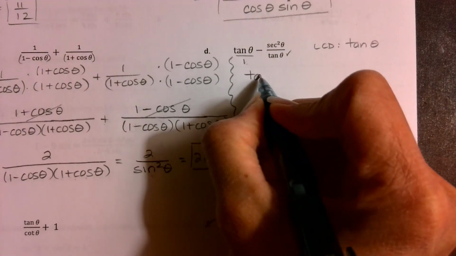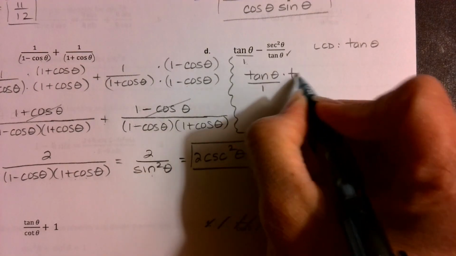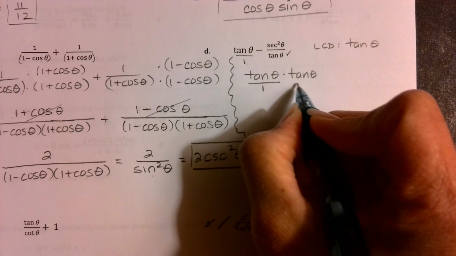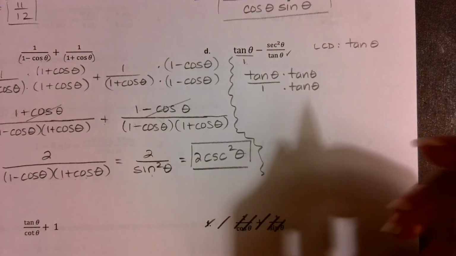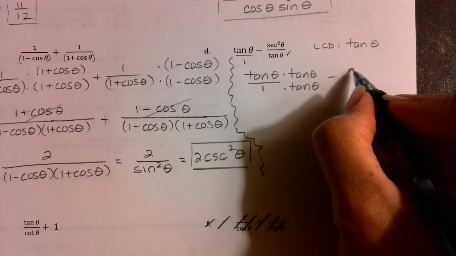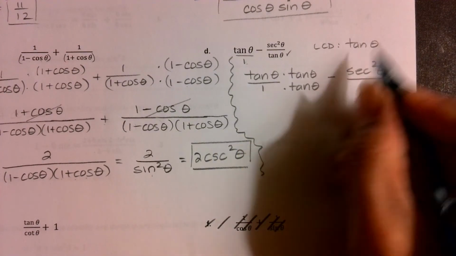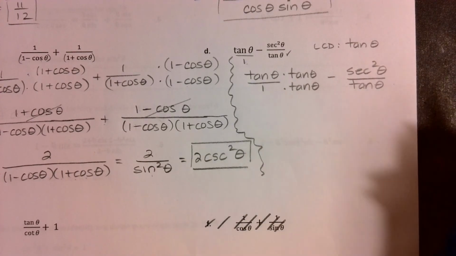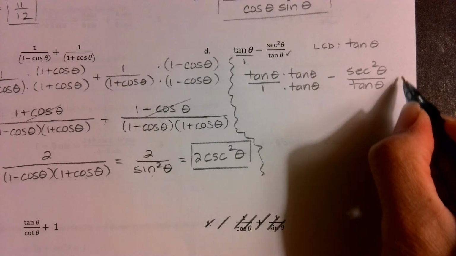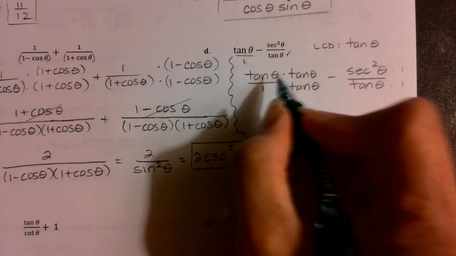But let's go ahead and manipulate this first fraction into having a denominator of tangent theta. So we need to multiply top and bottom by tangent theta. And this one we're just going to bring it down. And we're basically multiplying top and bottom by 1. You don't have to write it down, but that's in essence what we're doing. We're multiplying it by 1. It doesn't need to change.